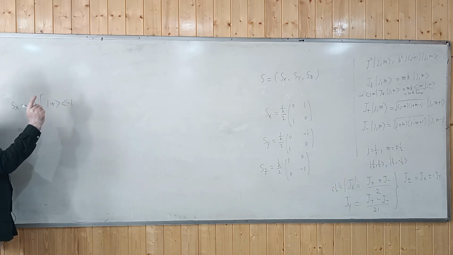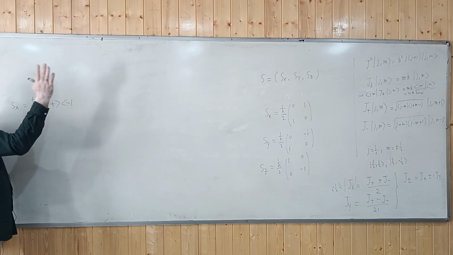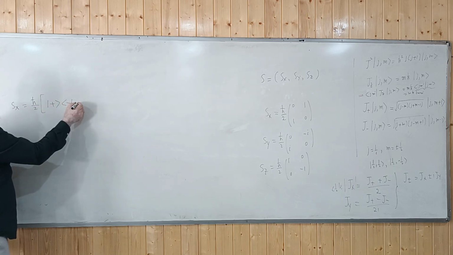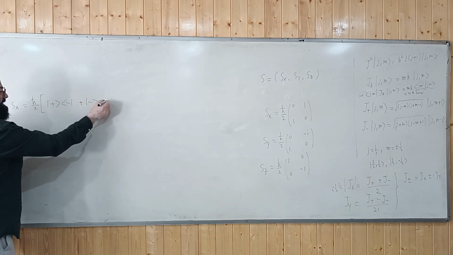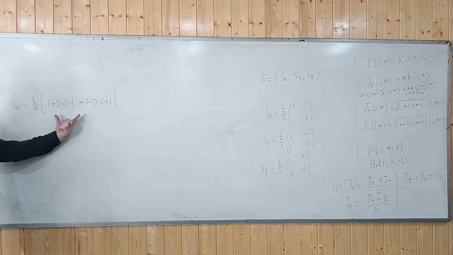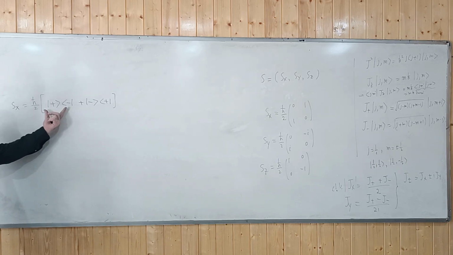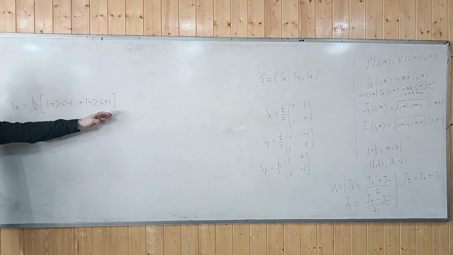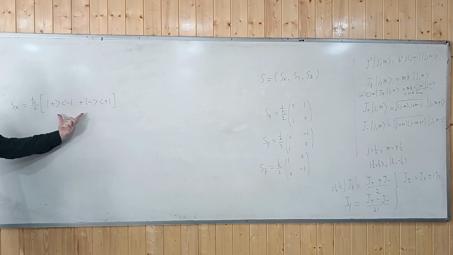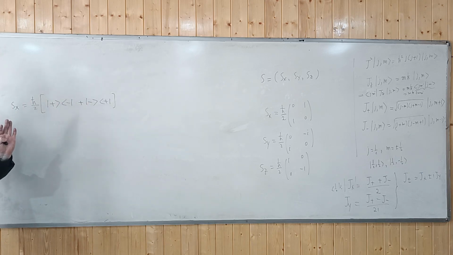This plus means your spin is along the z direction, but I am not putting z explicitly here. I will write it like this. Can you check it? So in terms of the outer product of plus and minus, minus and plus. It is simply a shortcut notation for that matrix. I will often be using this kind of notation instead of the matrix. So you can check it.